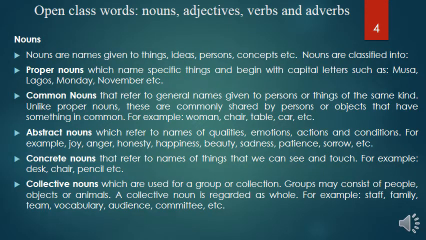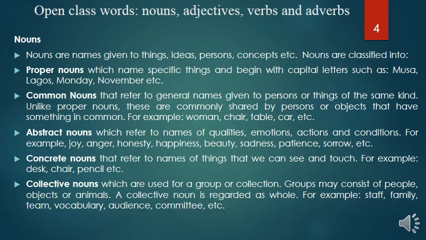As I said earlier, open class words are nouns, adjective, verbs, and adverbs. The nouns are naming things, ideas, persons, concepts, and so on. And nouns are classified into proper nouns, common nouns, abstract noun, concrete nouns, and collective nouns.